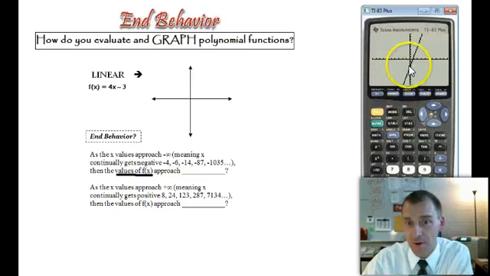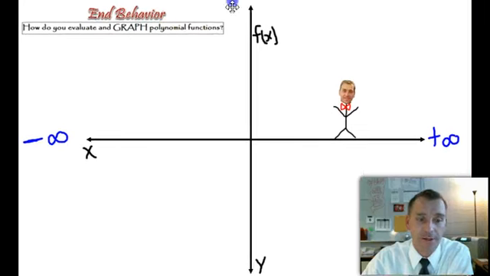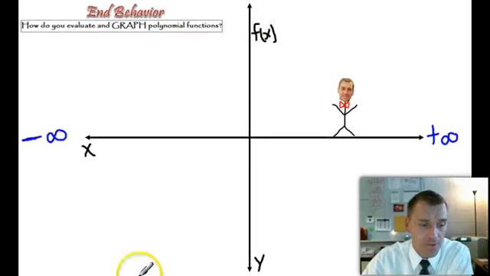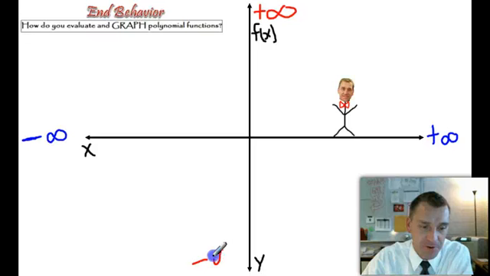Is it going down or is it going up? Well, guess what? Back to your graphic organizer, if you flip that thing over, here's what I would write. Up here, this direction, if I'm going up the ladder, this is positive infinity in the f of x direction, or the y direction, the y-axis. And then down here, this is negative infinity.